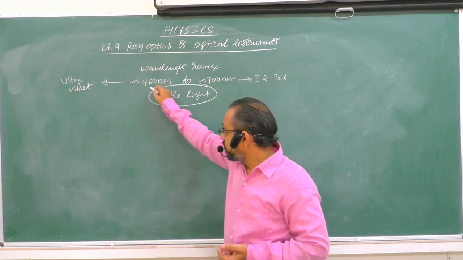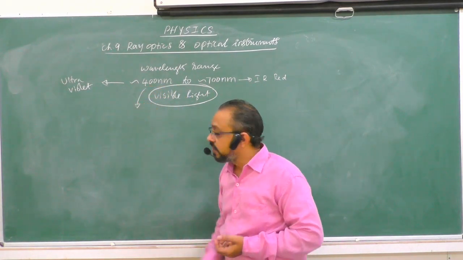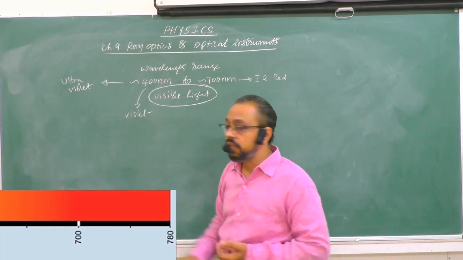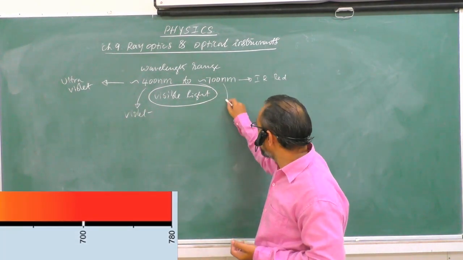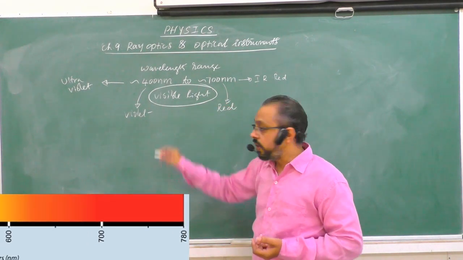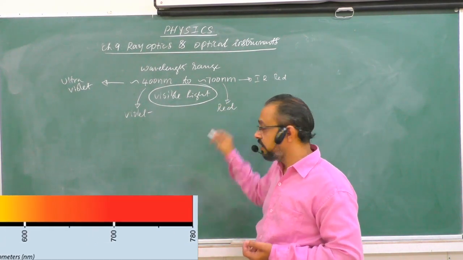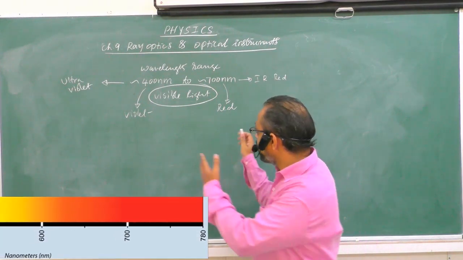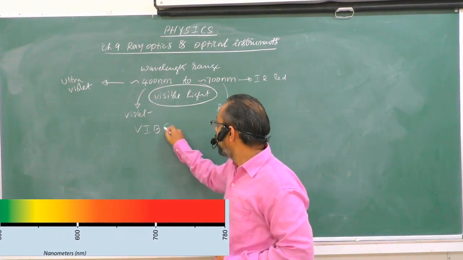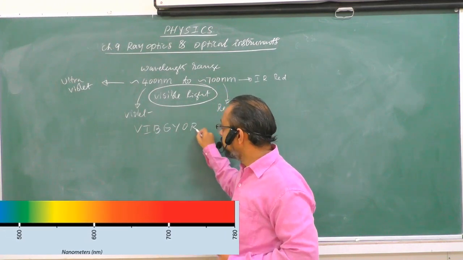So this 400 nanometer is for violet color, and 700 is for red color. In between, of course, you know this one: VIBGYOR.